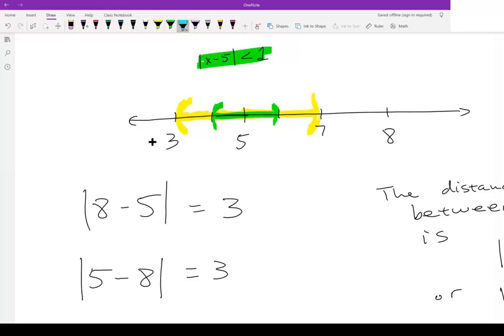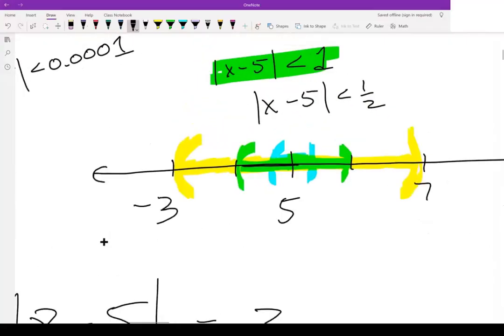And what if I want an even smaller distance in blue here? I would have to write something like the distance between x and 5 is less than a half. Could I say the distance between x and 5 is less than 0.0001?